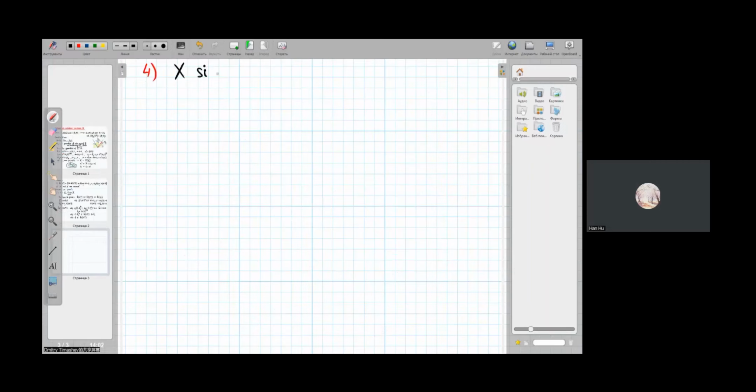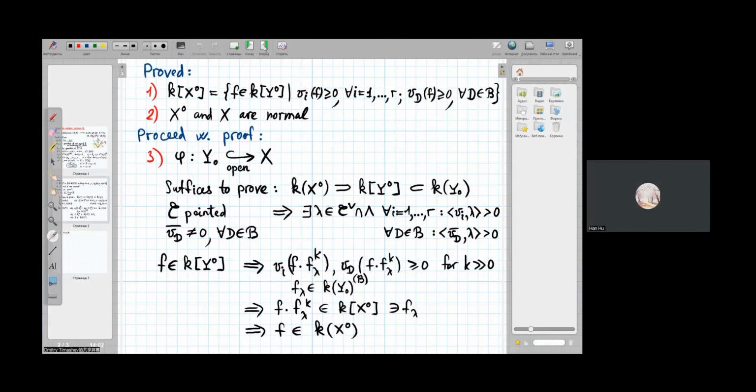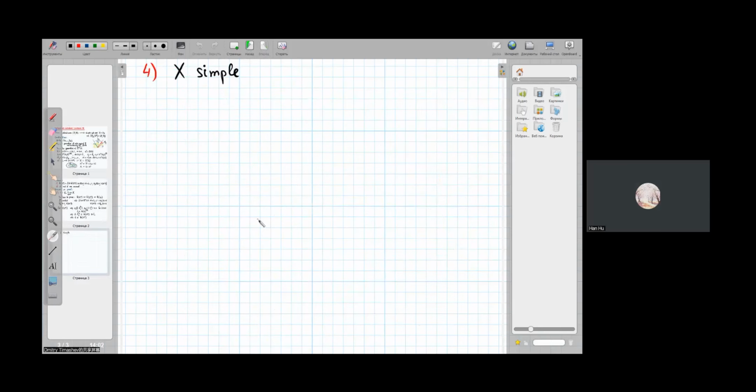This is the last step, right? Not yet. Why? Because we also want to prove that the colored cone of x is exactly this guy. But we move towards this final goal step by step.